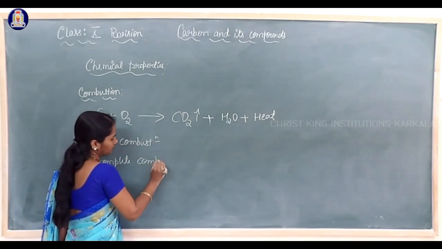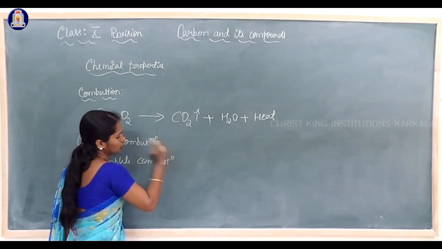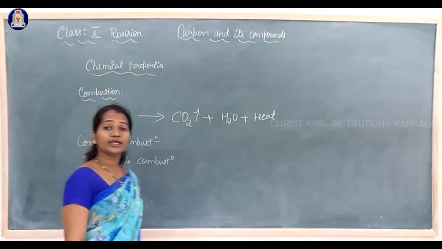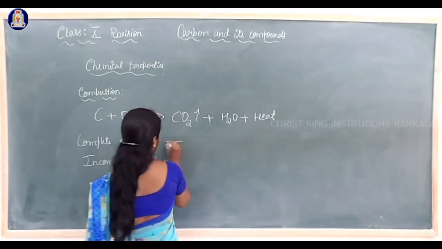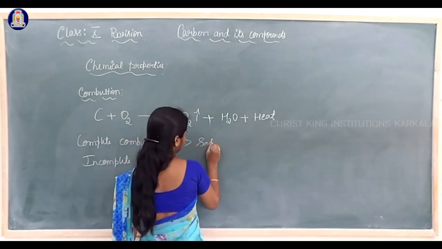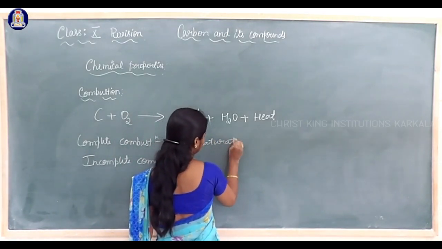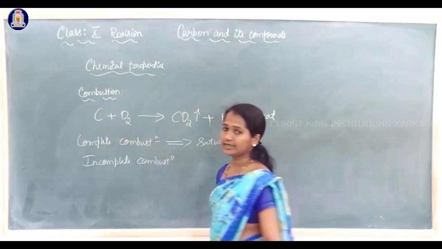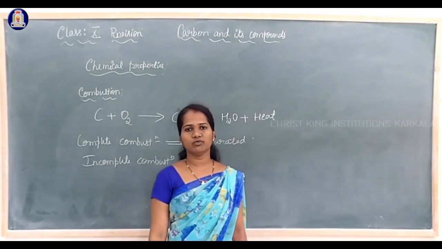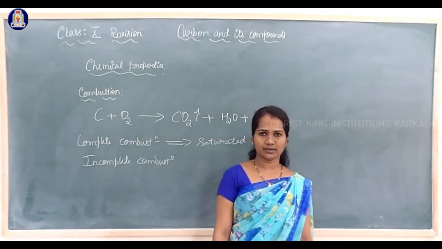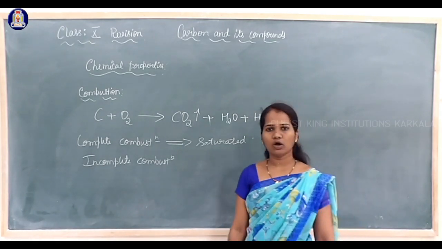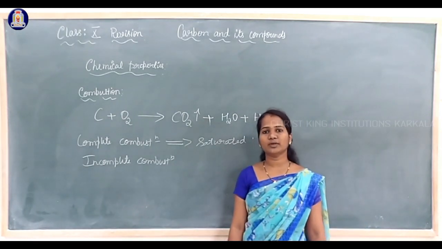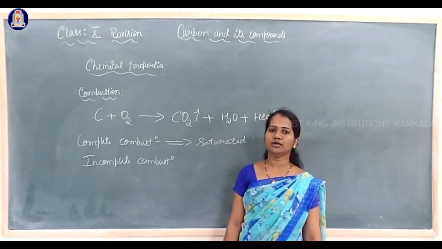So what is this complete combustion? Usually saturated hydrocarbons or saturated carbon compounds. What do you mean by saturated? Saturated means single bond between carbon-carbon atoms. It may be alkane or alcohols. They contain single bonds between carbon atoms.